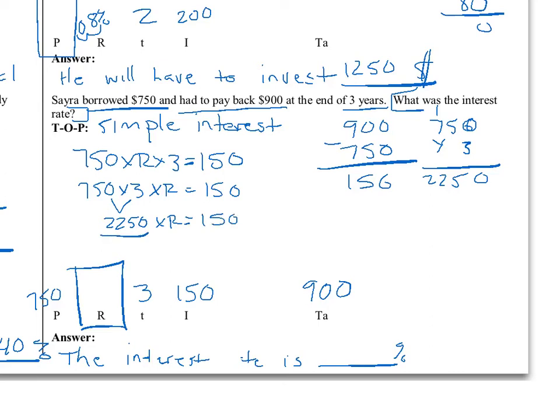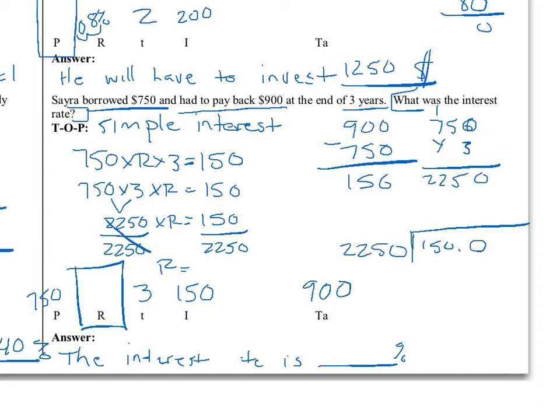Divide both sides by 2,250. R is equal to, we'll have to do some serious division here. 150 divided by 2,250.